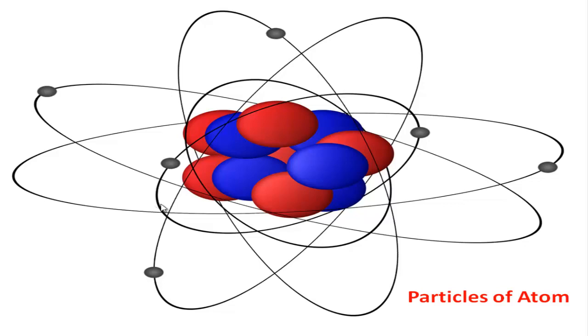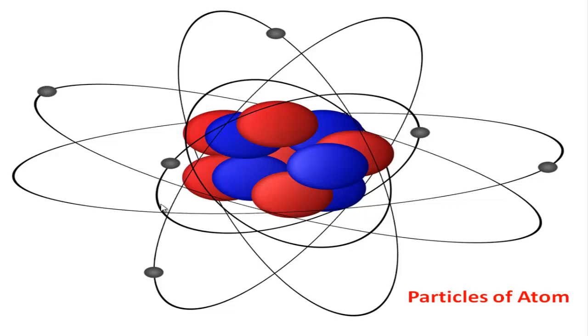We know that an atom is the smallest particle of an element, and this atom is so small that we cannot see it easily or using a microscope, but using an electron microscope it can be seen, because an electron microscope increases the size of things about a million times.